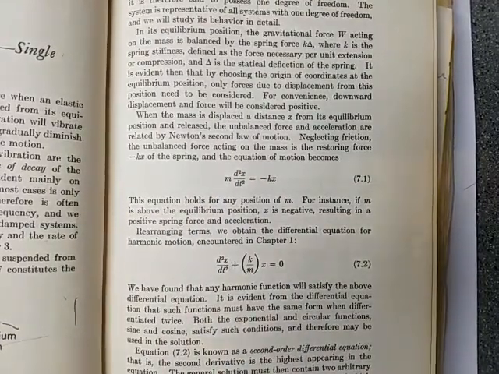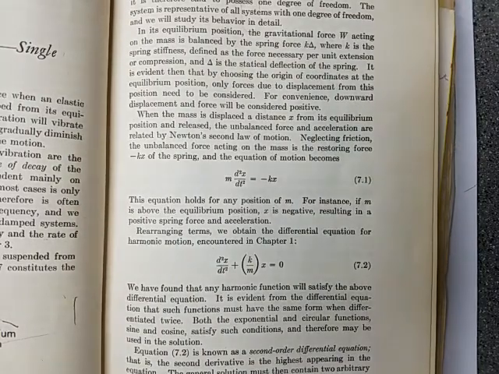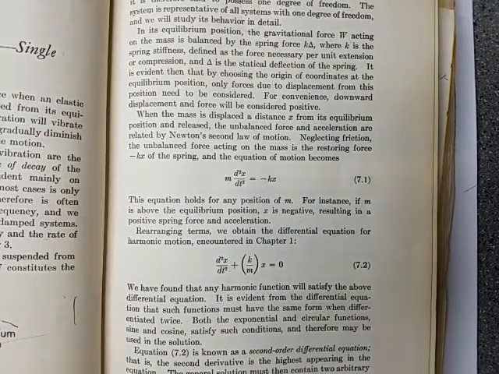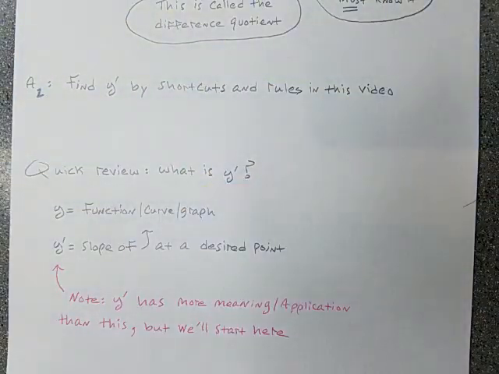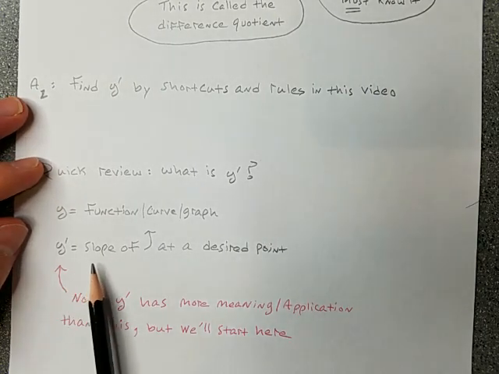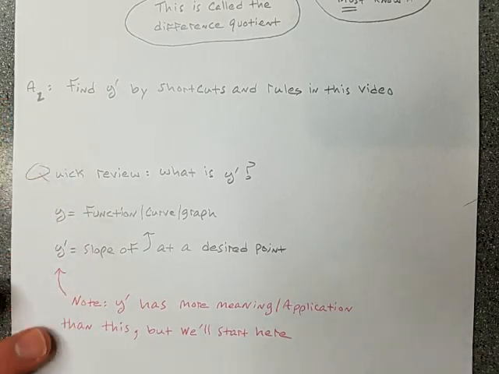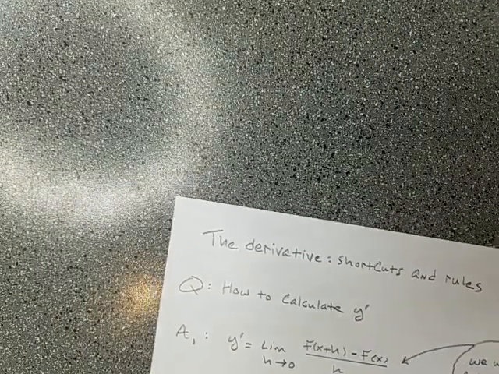The derivatives are used to represent the changes happening in that system that has springs that are vibrating. It's way bigger than you even know right now, most likely. But for now, we're going to think of y prime as the slope of a curve. Later, as you continue to study math, you'll learn a lot more about it.